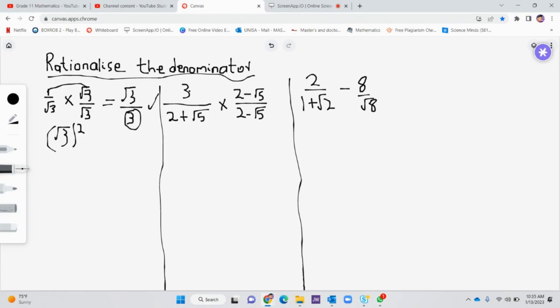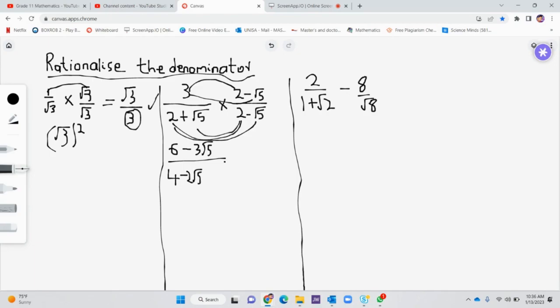So now let's multiply. 3 multiplied by 2 is 6. And 3 multiplied by minus root 5 is minus 3 square root of 5. Over 2 multiplied by 2 is 4. 2 multiplied by minus square root of 5 is minus 2 square root of 5.